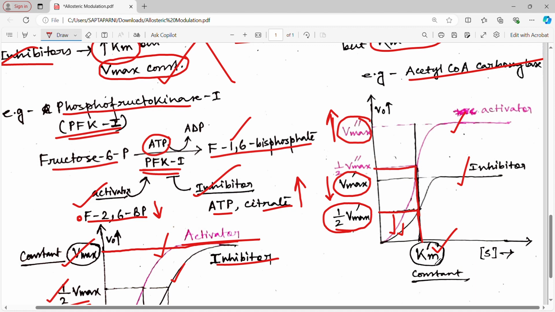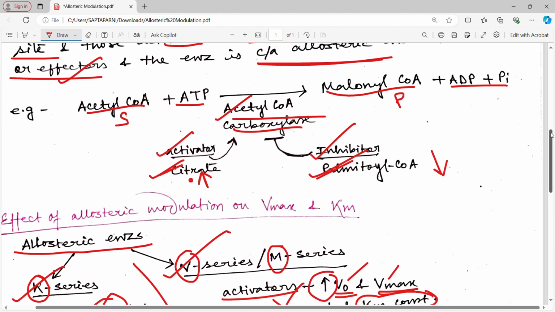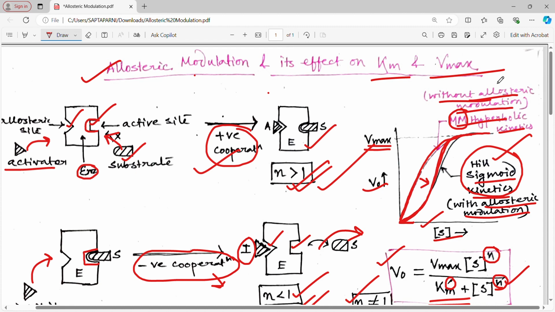So Km value is constant, but Vmax value and V0 value are changing in case of V series allosterically modulated enzymes, okay. So this is all about the allosteric modulation and how the K series and V series allosteric enzymes modulate the Km value and Vmax value of any enzymatic kinetics.